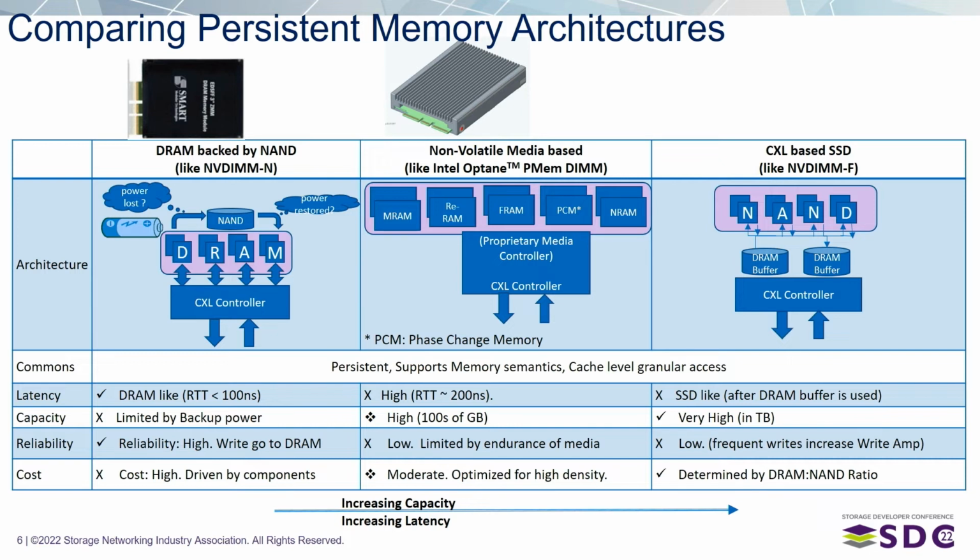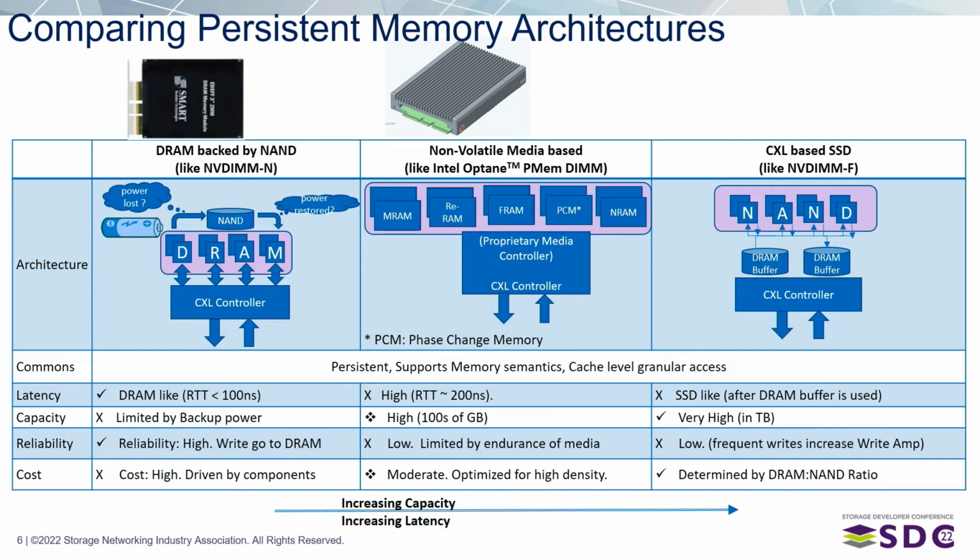When you go to a CXL-based implementation, you will get DRAM-like latency only to the point when your accesses are hitting the DRAM buffer. But at a later point, you will get something like an SSD-like latency. So it's a very high latency, and this arrow definitely shows that point. With increasing capacity, you get increasing latency.